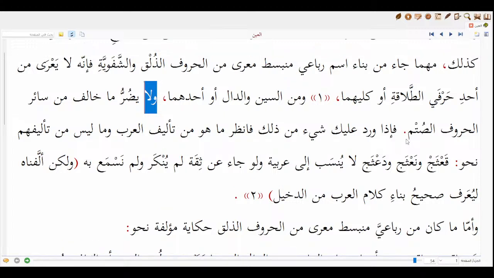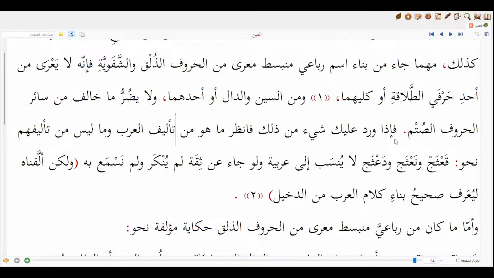So he says, if any of these words, these four root letter words come, then first look at it and analyze it.